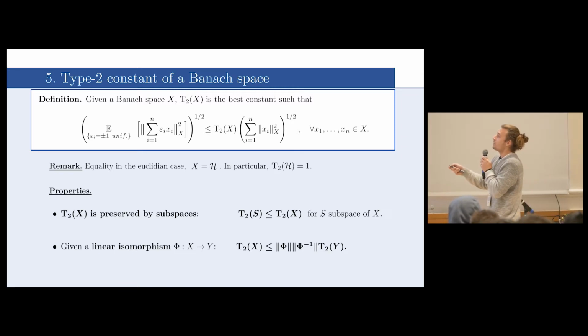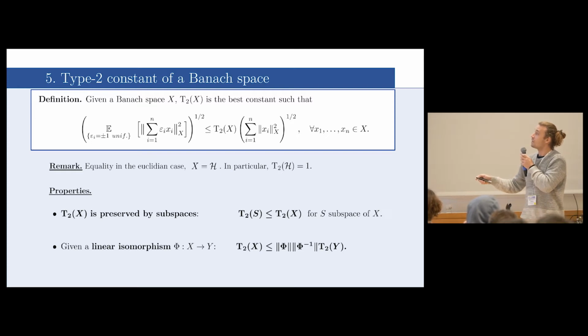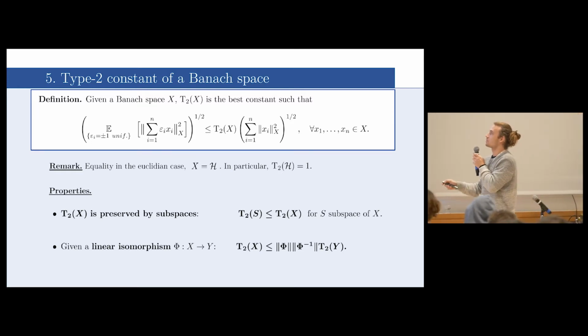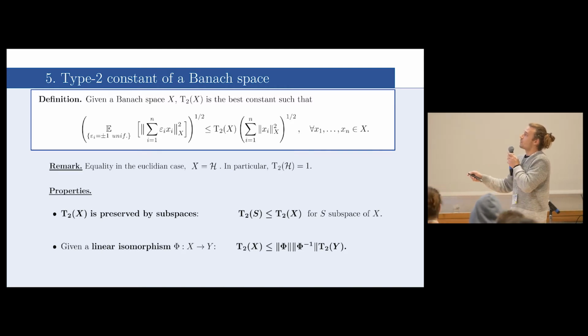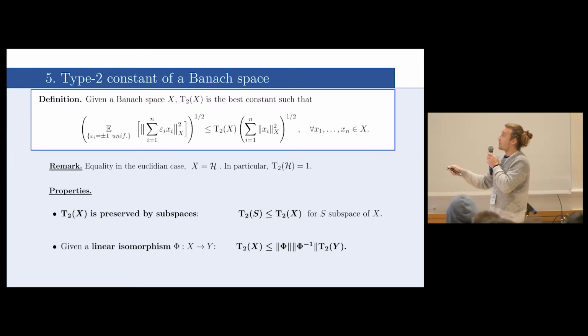The second property tells you how this type 2 constant behaves under linear isomorphism between Banach spaces. So if I have some isomorphism between Banach spaces X and Y, I know that their type 2 constants are related by this inequality here.